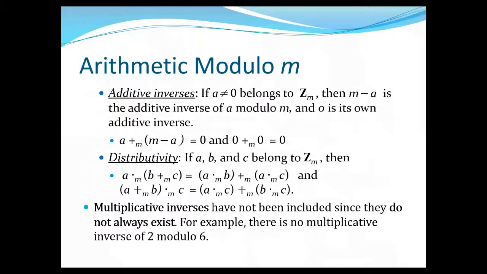And some additional rules about arithmetic modulo. If we have this inside the modulo, and then we subtract A, the result will be 0.